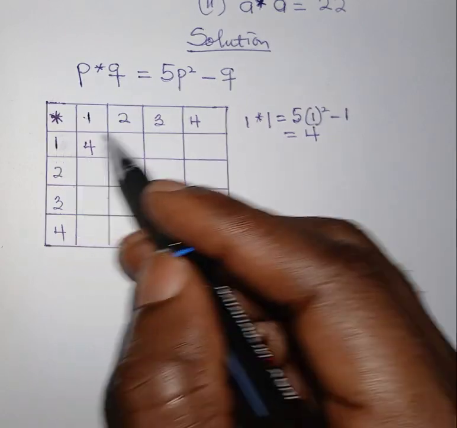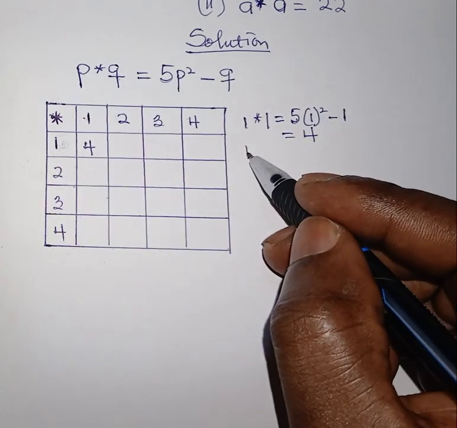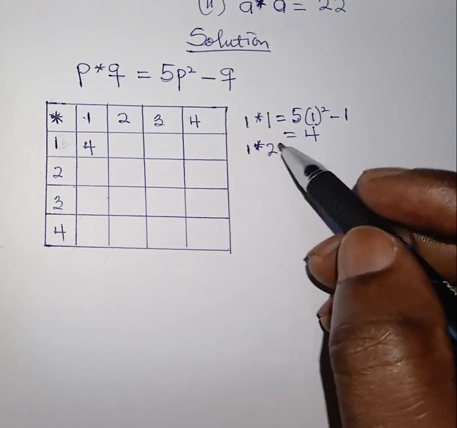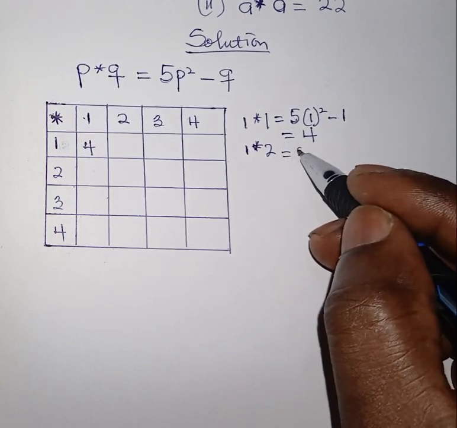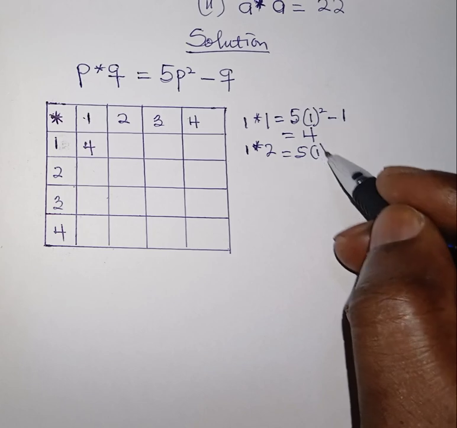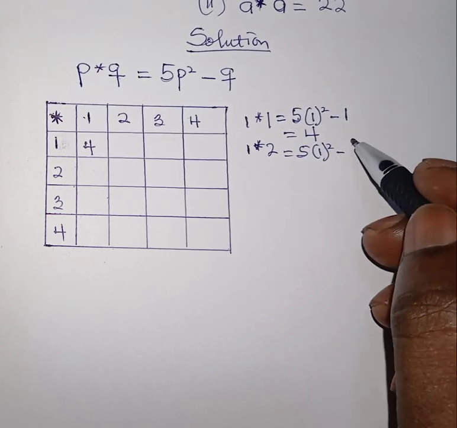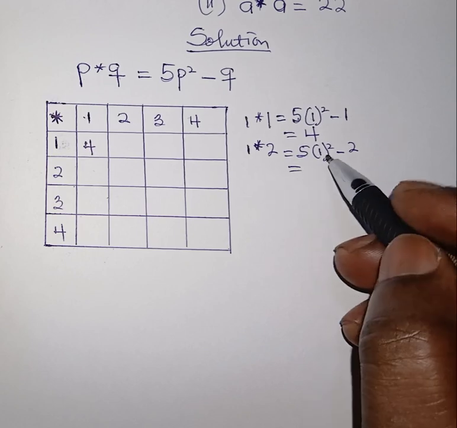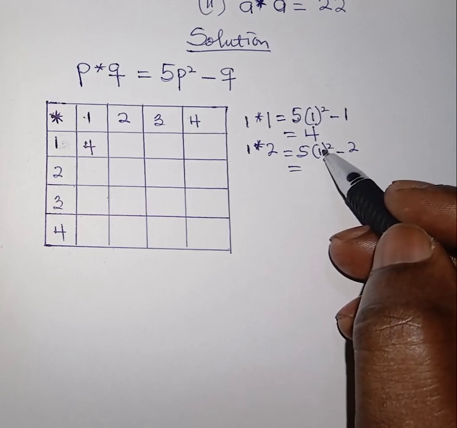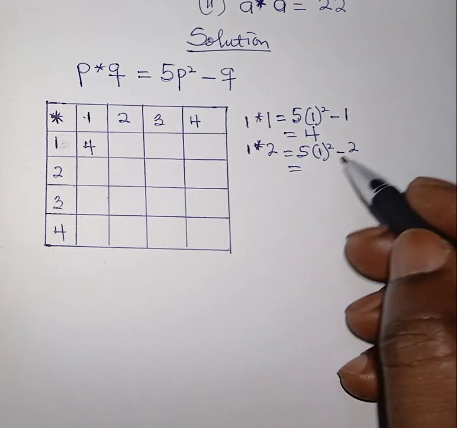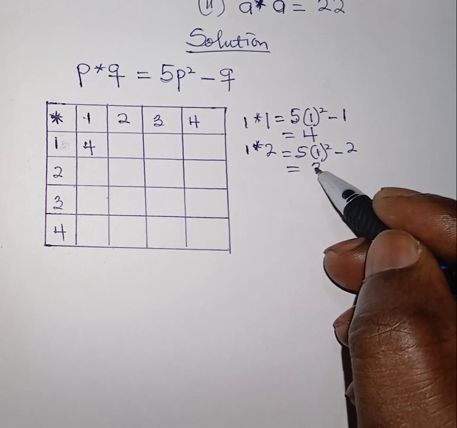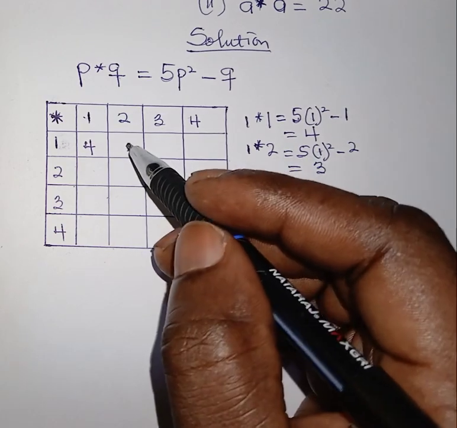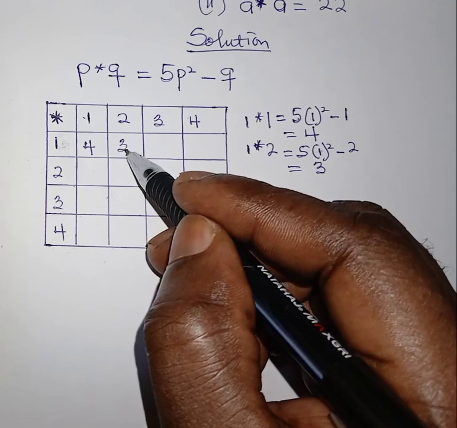Then we pick 1 and 2. My P is 1 and my Q is 2. So this squared is 1, times 5 is 5, minus 2 gives me 3. And 3 is also less than 8, so I'll write my 3.